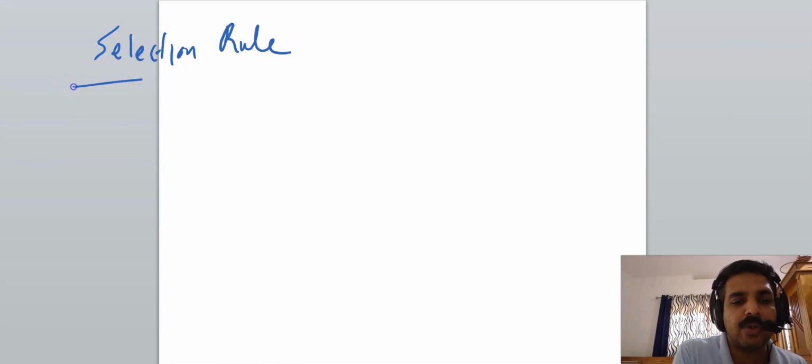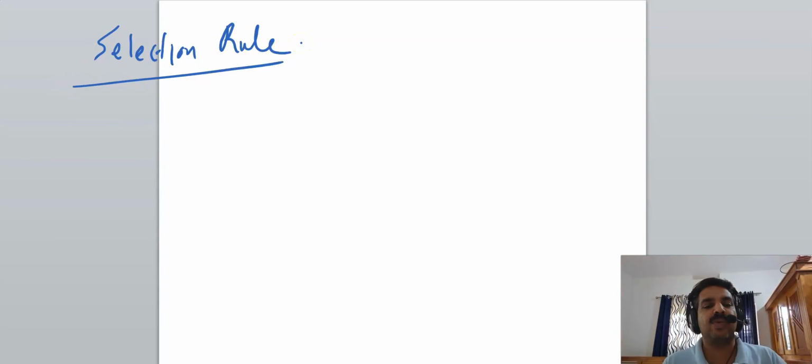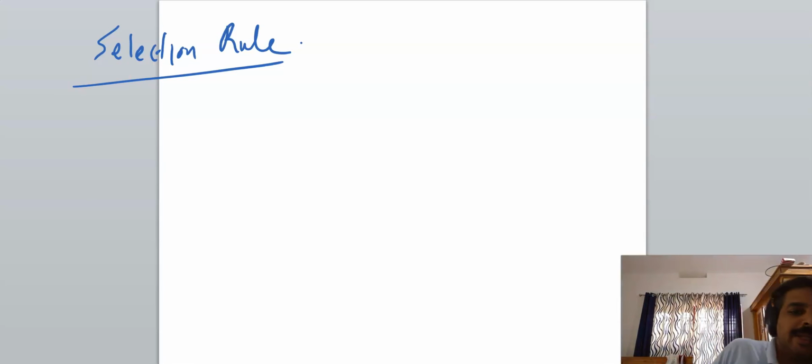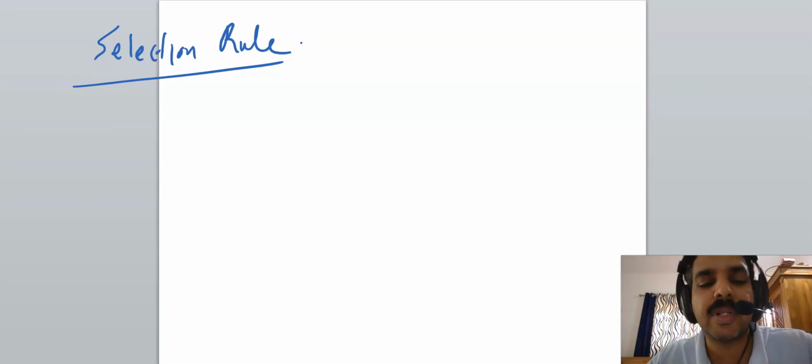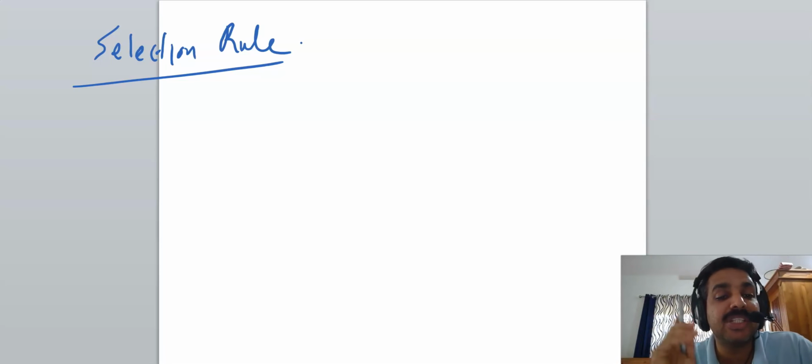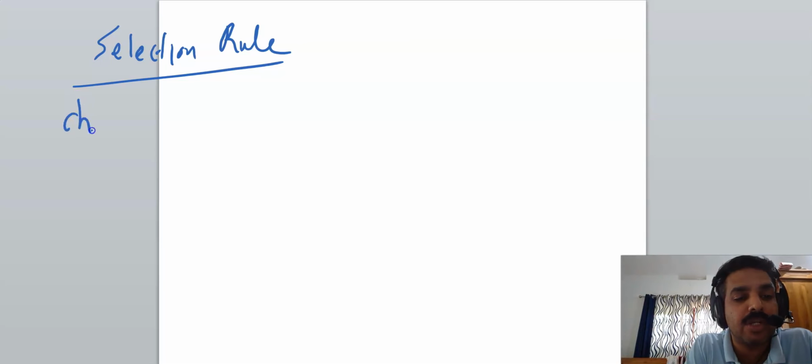Okay, and now the selection rule for the harmonic oscillator. The first selection rule is that for the radiation to interact, the dipole moment of the vibration should change, or there should be a change in dipole moment during vibration.